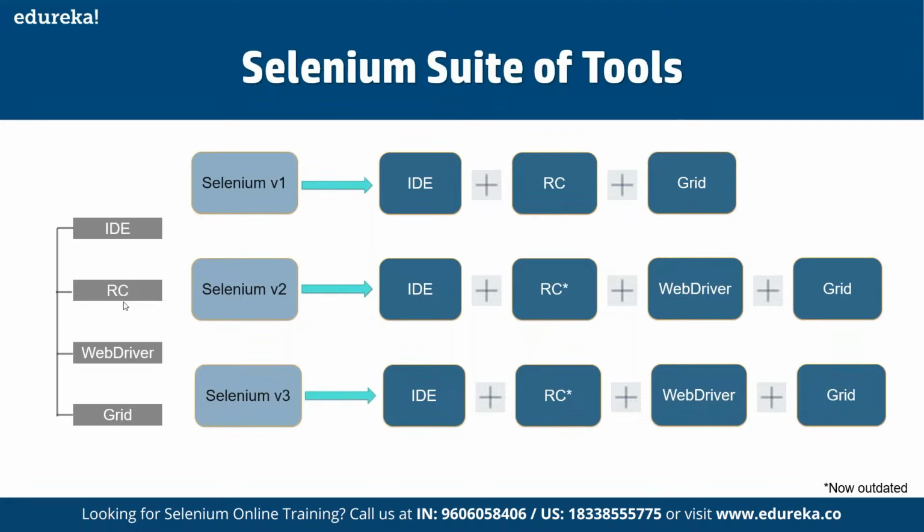And RC overcame the problem by involving an HTTP proxy server to trick the browser into believing that Selenium Core and the web application being tested have come from the same domain, thus making RC a two-component tool where we have a Selenium server, the RC server, and then we also get a Selenium RC client.